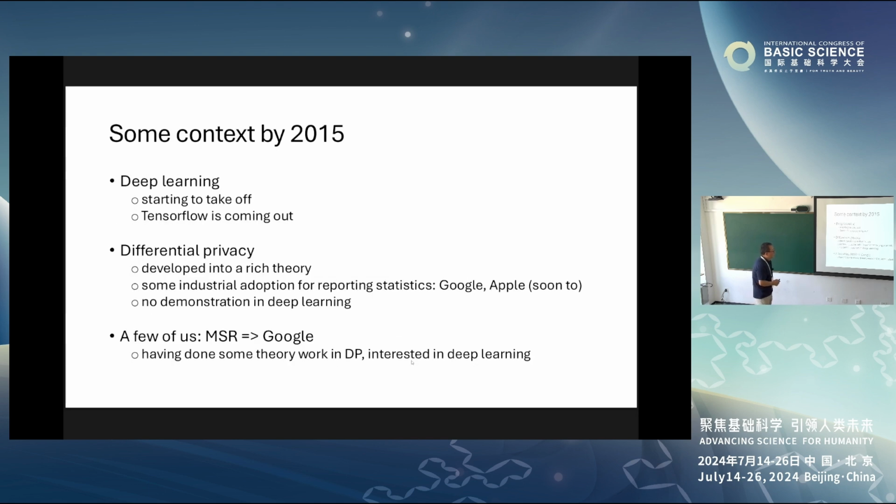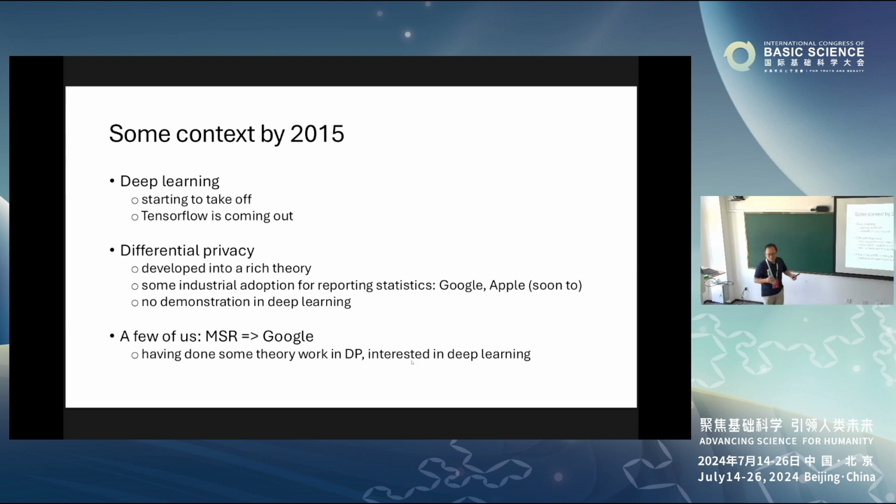So now let me try to relive the moment when we started working on this. That was around 2015. At that moment, deep learning was just starting off. We had seen it show great potential in many areas, image recognition, speech recognition, and it had made a lot of money for certain companies.